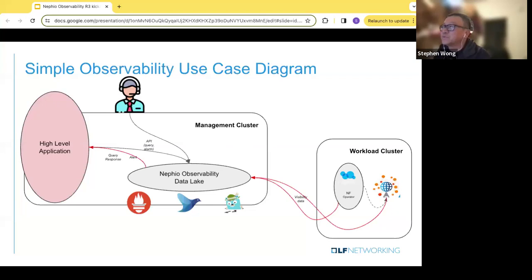Anyway, very simple, right? What are we building really at the end of the day? Nephio at its core, at least up to release 2, is deploying network functions on workload clusters. Through management clusters, going through a hydration pipeline, we fully resolve as many of the input parameters as possible.